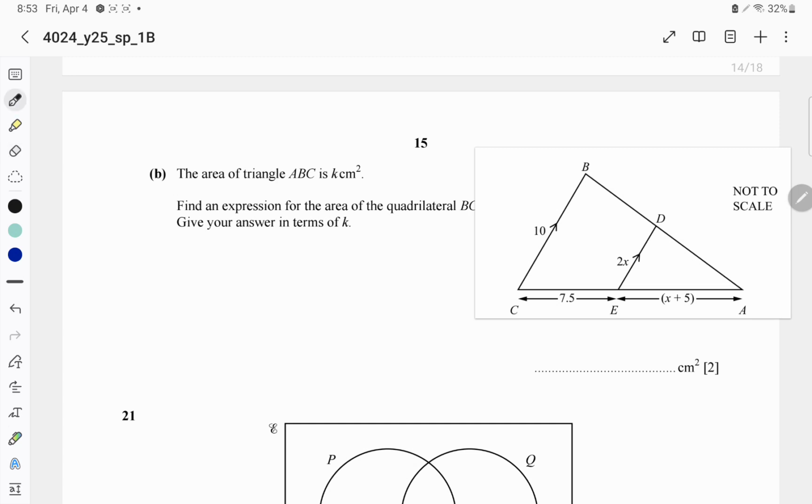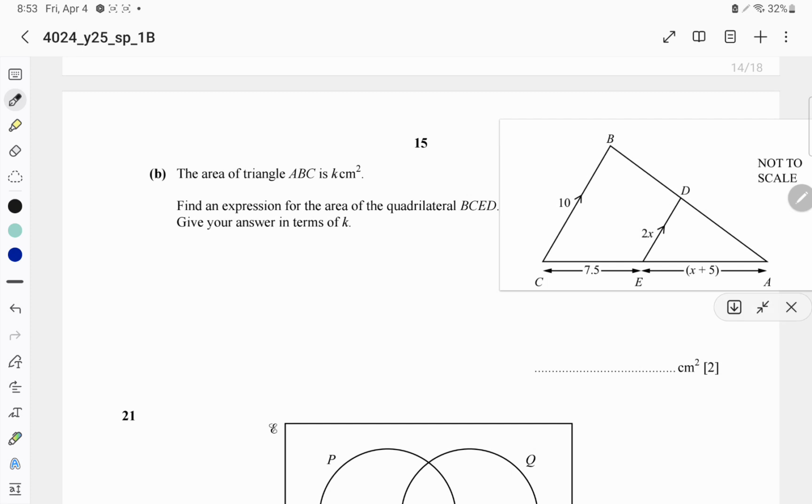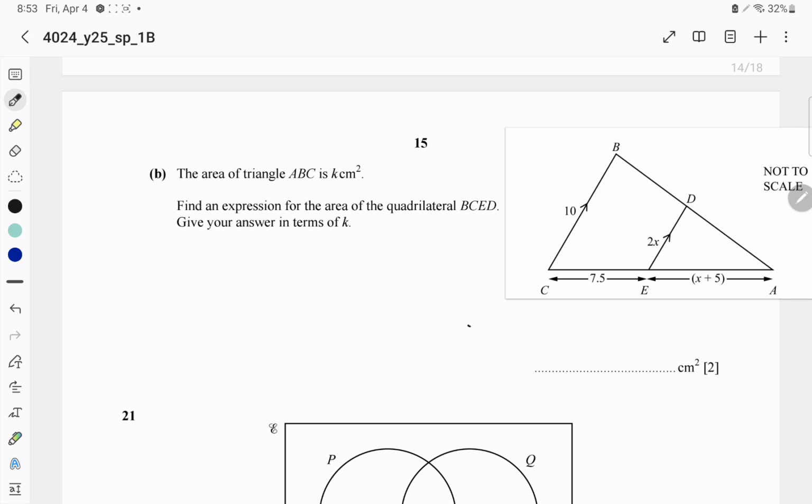The quadrilateral is this much, so we subtract the area of the smaller triangle.